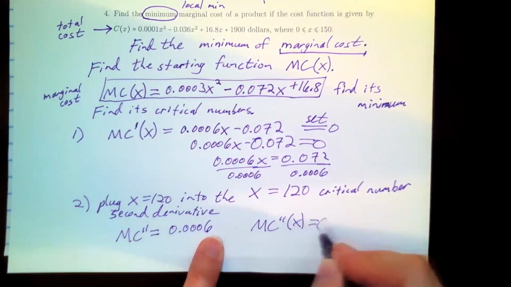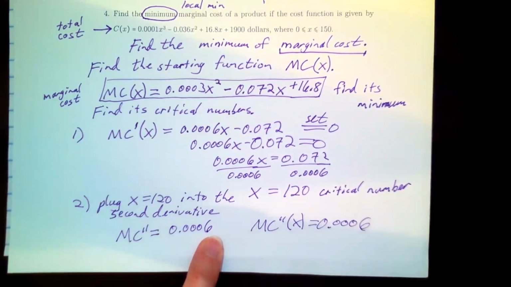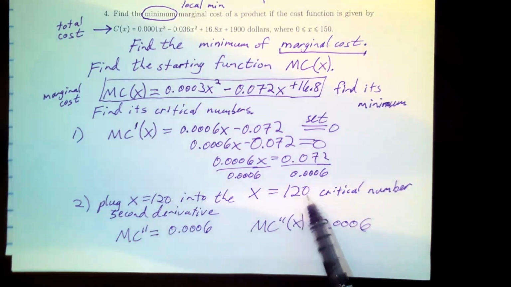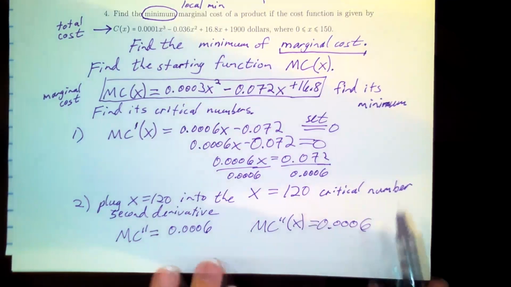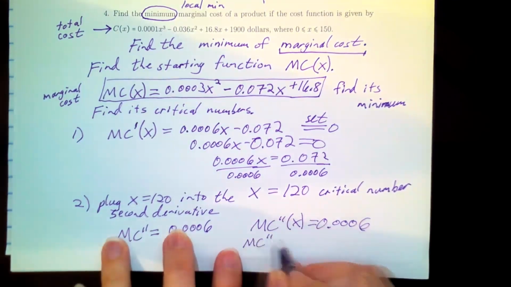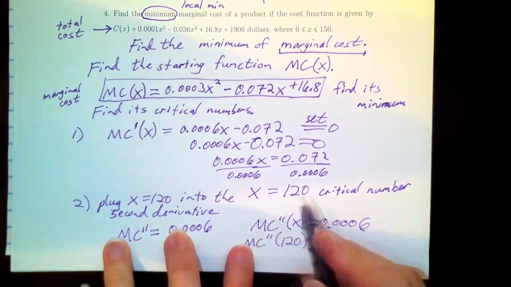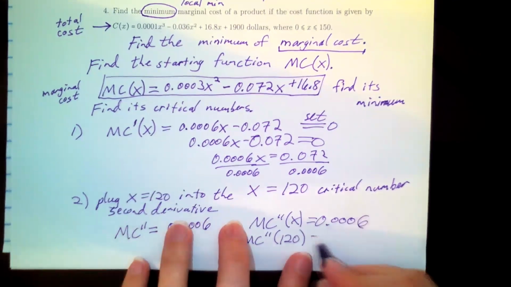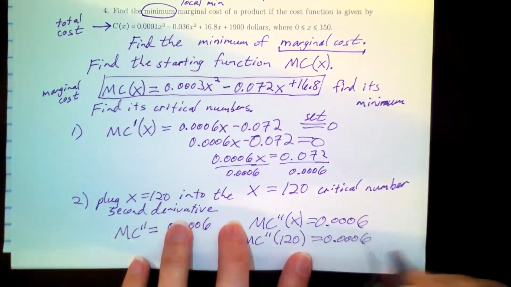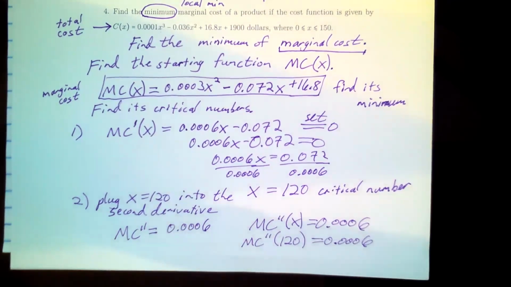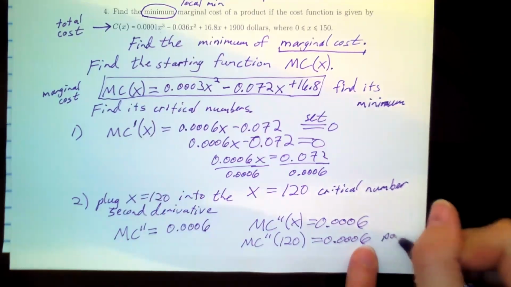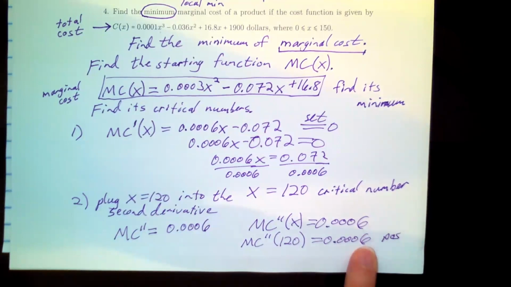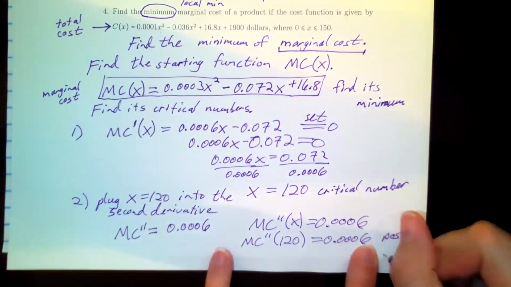But what we have here is that this is a number. This is constant. So it doesn't matter what I plug in for x, I'm always going to have this number. That is to say that if I, quote, plug in 120, there's nowhere for me to plug the 120 into. There's no x here. So I'm always going to get 0.0006. But I'm supposed to draw conclusions from this anyway. I have that the second derivative is a positive number. What does this tell you about the function? This tells you your function is concave up.